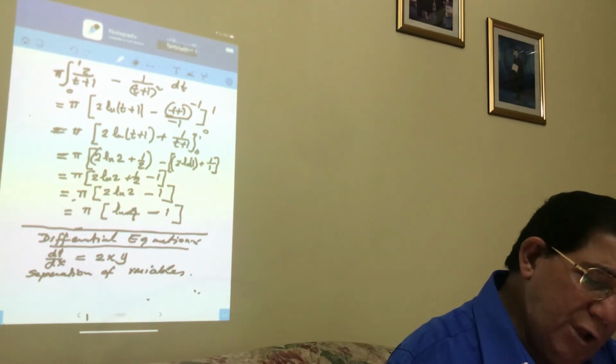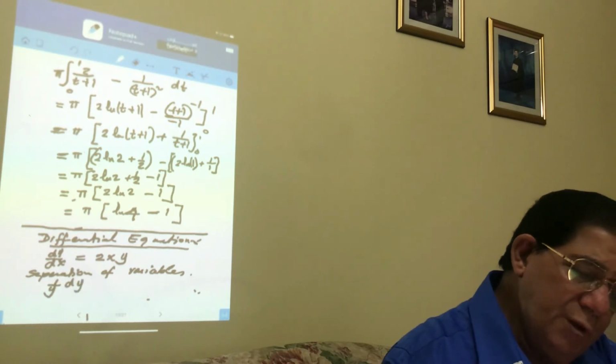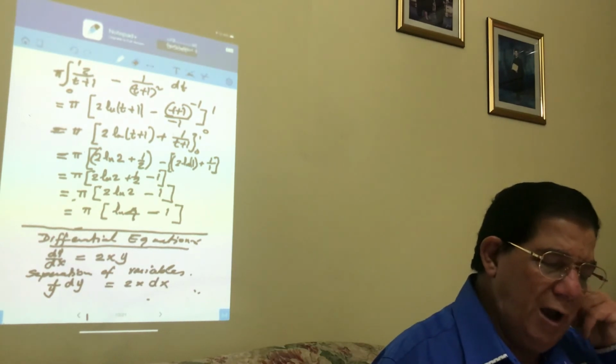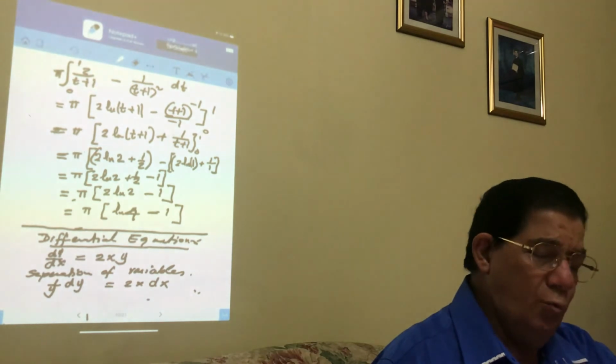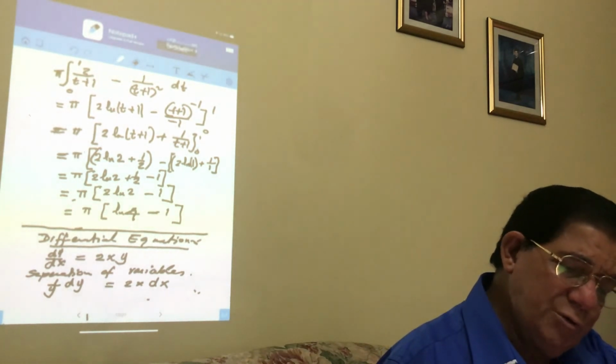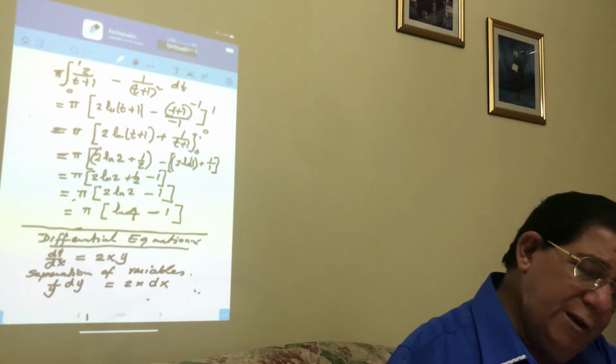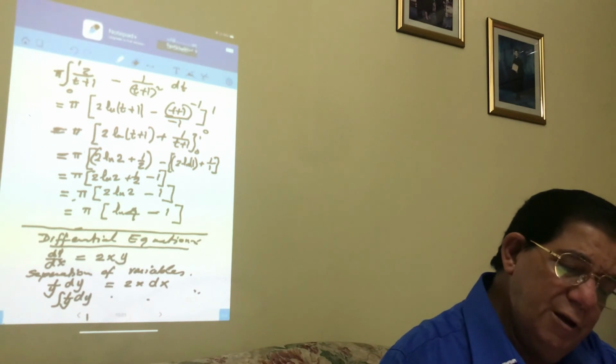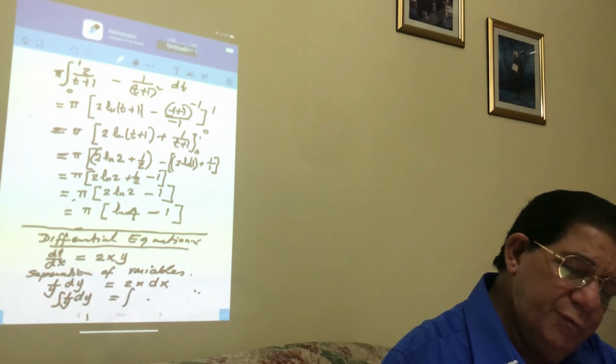Therefore, we say 1 over y dy equal 2x dx. That's it. The variables are separated. The next step is we put the sign of integration on both sides.